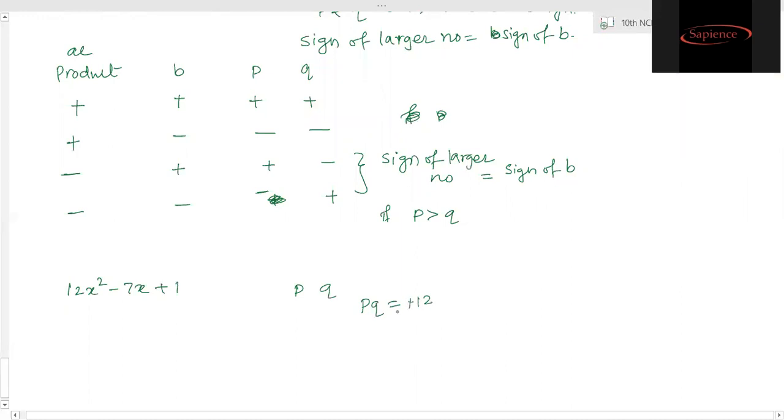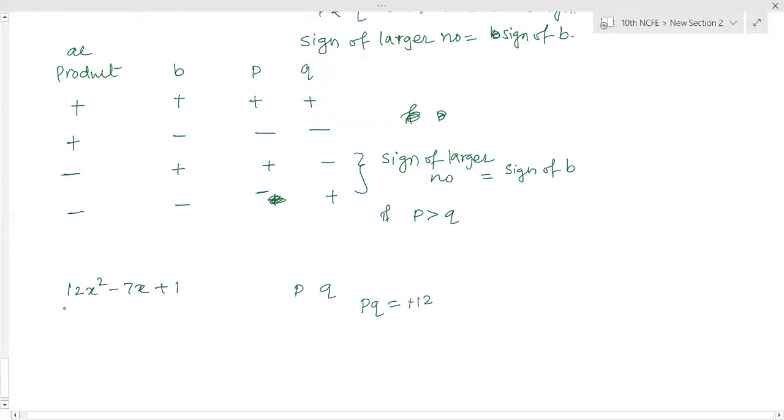So you need plus 12, right? The product is plus 12 into plus 1 is plus 12. And now the sum of two numbers, p plus q, is equal to minus 7. So the product is positive and the b value is negative.